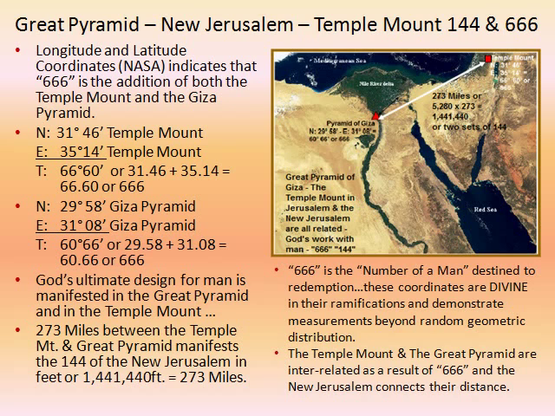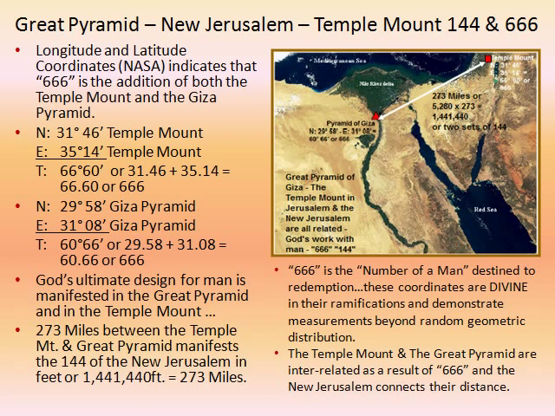Now we have a most interesting set of configurations here with regards to the Great Pyramid, the New Jerusalem, and the Temple Mount, 144, and the number 666. The longitude and the latitude coordinates, according to NASA, indicate that 666 is the addition of both the Temple Mount and the Giza Pyramid.